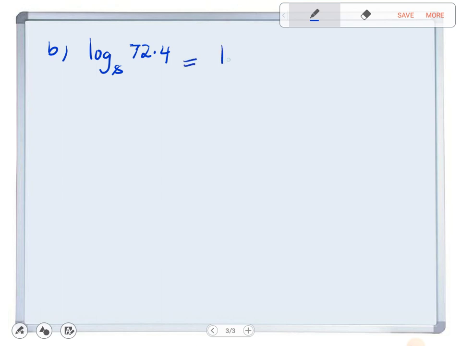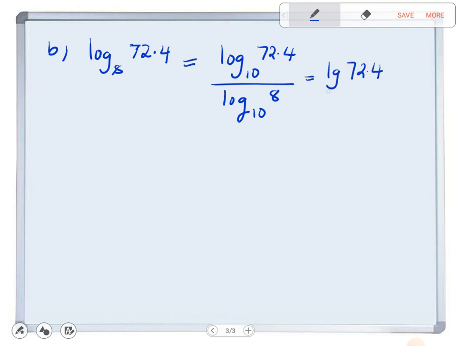So this one can be changed to log 72.4 base 10 over log 8 base 10, which is lg 72.4 over lg 8. It gives you 2.06 when I round it off. So yeah, that is it.